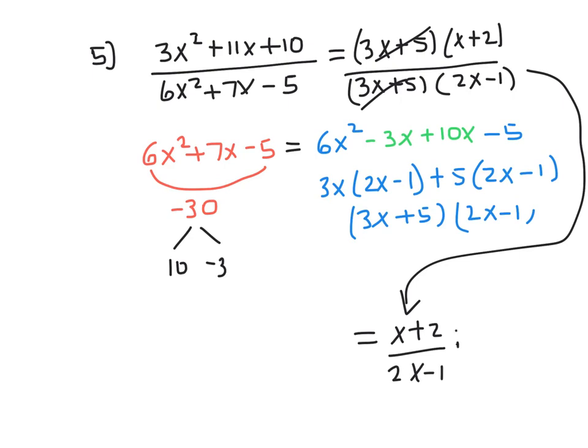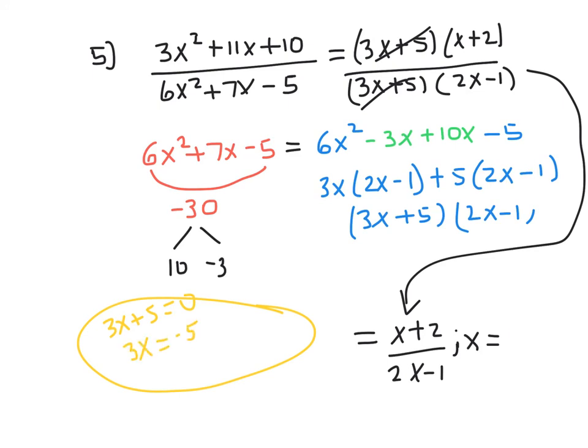So what are the restrictions? So x cannot be, I'll show my work here. So this is 3x plus 5 equals 0. I solve that. 3x equals -5.